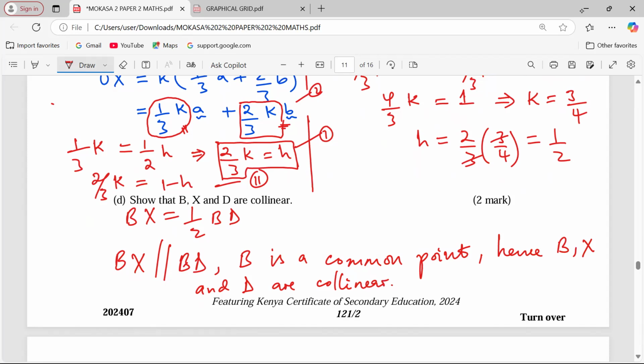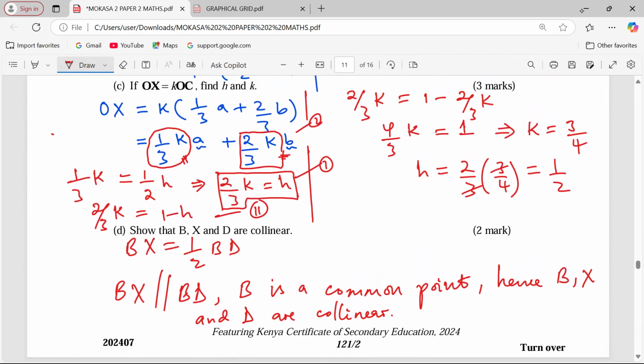Those are collinear points. For you to show collinearity, you show that two vectors derived from the provided coordinates are multiples of one another, and that can be written directly that way. Then after that, you also show that amongst the vectors that you've expressed, there is a common point.